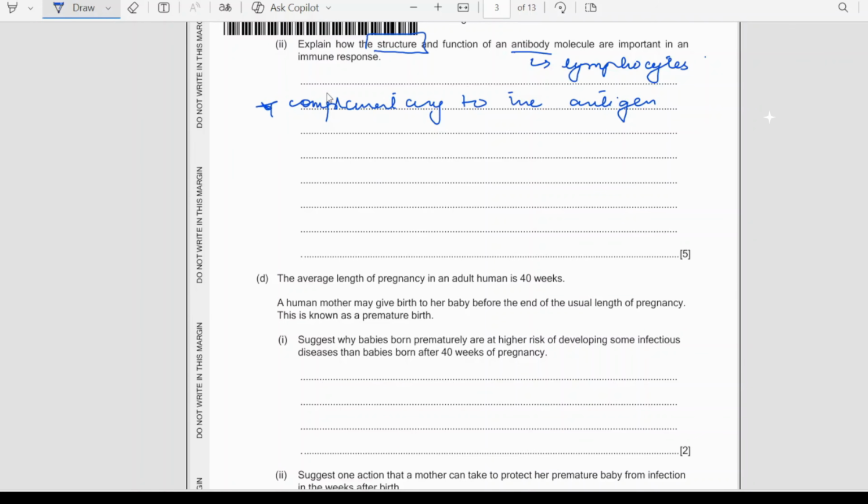You have to start with this: each pathogen has a specific antigen which is recognized by the antibody. And these antibodies have a complementary shape to the antigens, and they bind. What happened after binding?